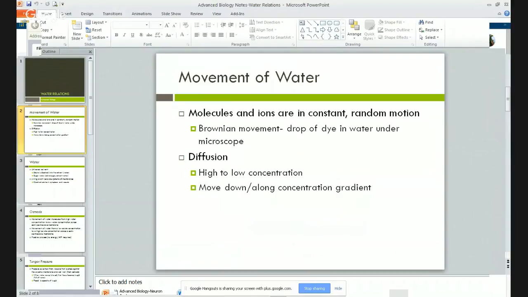That goes for gases and liquids. Diffusion, if you remember, is a form of passive transport where molecules move from an area of high concentration to an area of low concentration. So we describe their movement as moving down the concentration gradient, or moving with or along the concentration gradient.